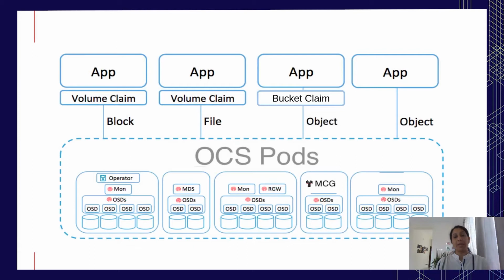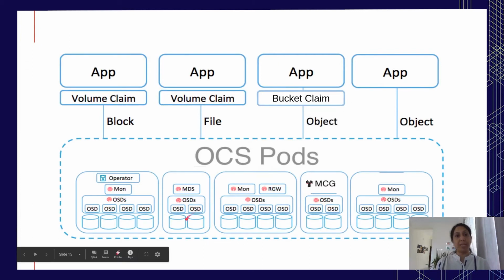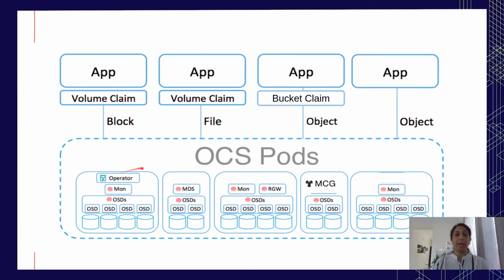So if we look at all of these components and how it is deployed, OCS is a meta operator that then deploys the Rook operator and the multi-cloud gateway, or the Nuba operator. The Rook operator then deploys the Ceph cluster underneath.